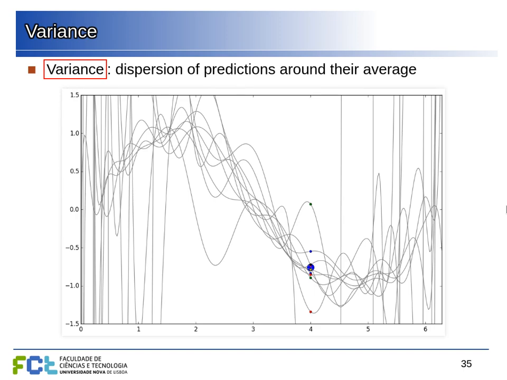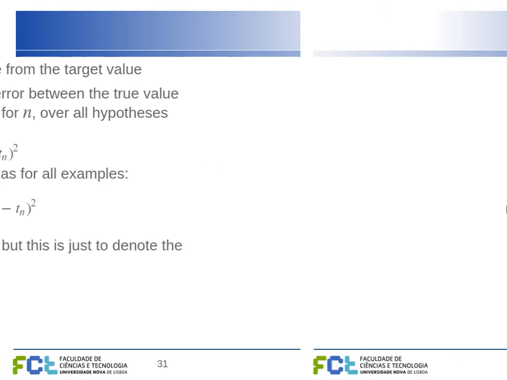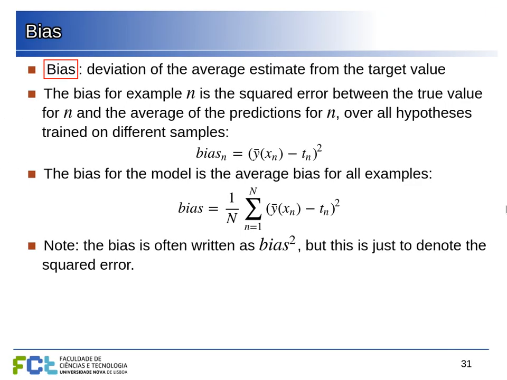So the same thing we can do for bias, which is we're going to check for each point the difference between the average of the values predicted for that point over all the hypotheses that we're generating. So we are training the model with different data sets, and we're going to see what is the average prediction.